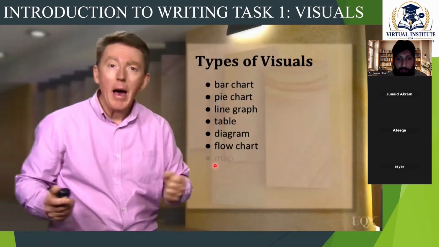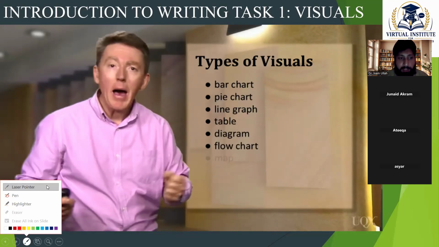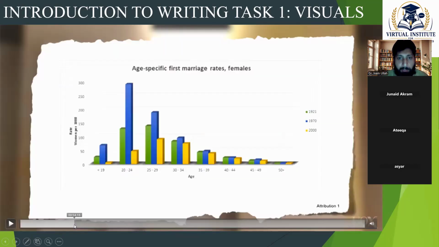Now, how to deal with them and how to understand them. Each and every type has been discussed individually, right? For example, this is the example of the bar chart. As you can see here, this bar chart is giving you different types of information.